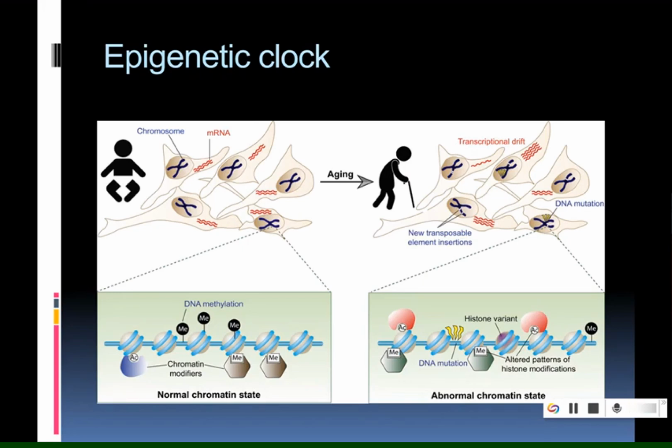A recent theory proposed by Dr. Horvath is that there's an epigenetic clock, in that there is DNA methylation that increases with increasing time, and you can predict somebody's age based upon this methylation clock.